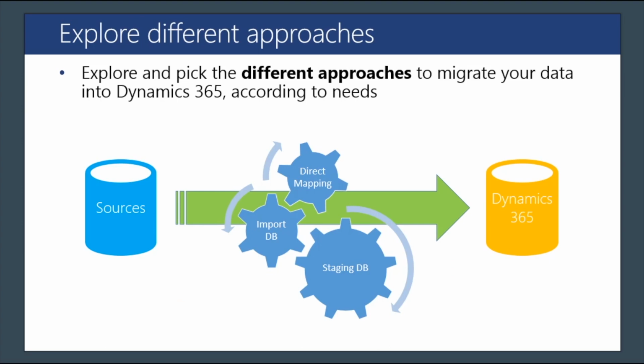It's really about exploring the different approaches, thinking about all the different things we've talked about here today, and discussing them with your Fast Track Program Manager, and then determining exactly which one goes along with your needs in order to make sure that you can accomplish the best data migration design and process for your project.